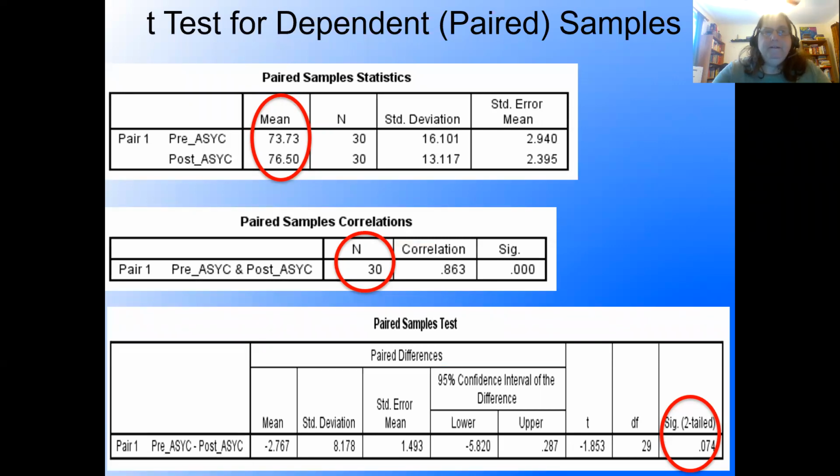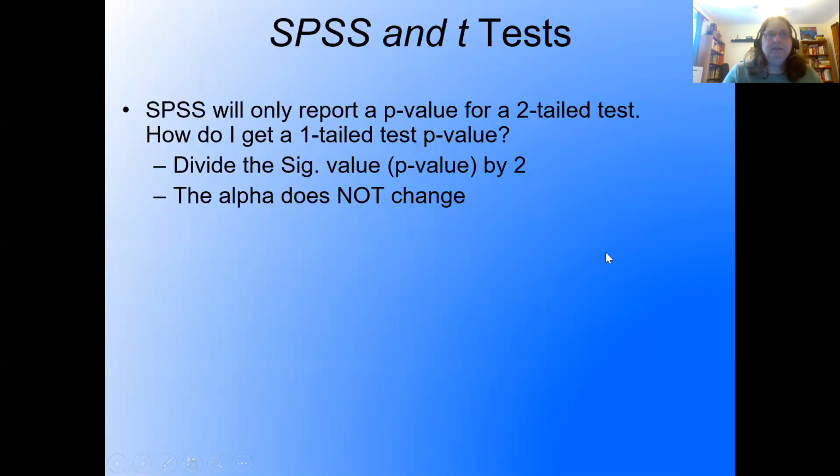So let's look at that. SPSS will only report a p-value for a two-tailed test. How do I get a one-tailed test p-value? Divide the sig value or p-value by 2. The alpha does not change. The t does not change. The df does not change.